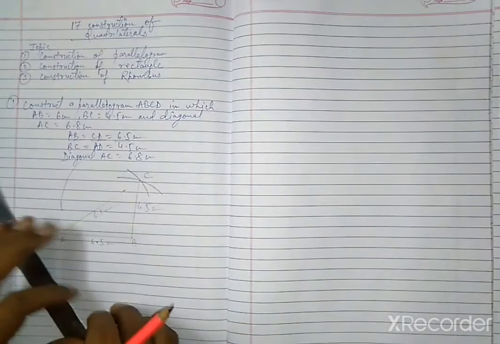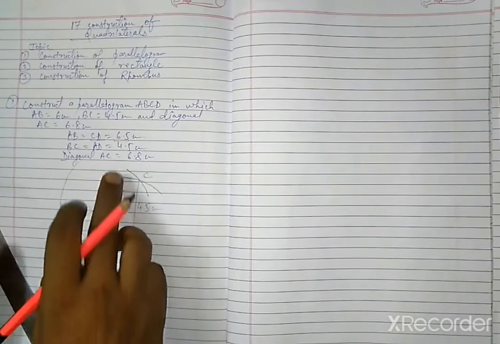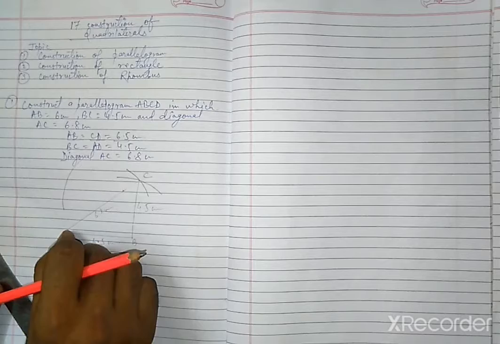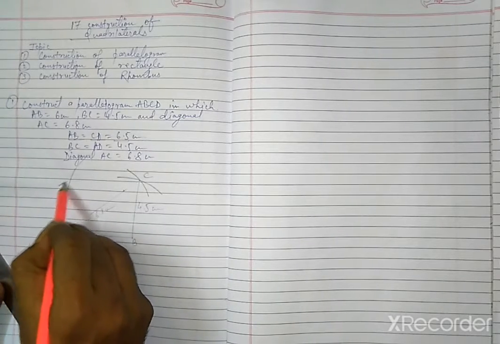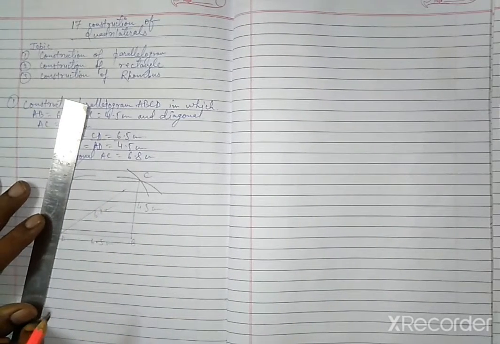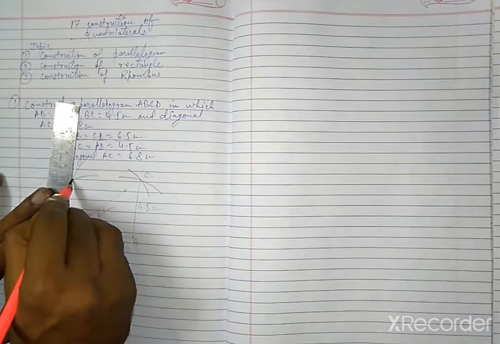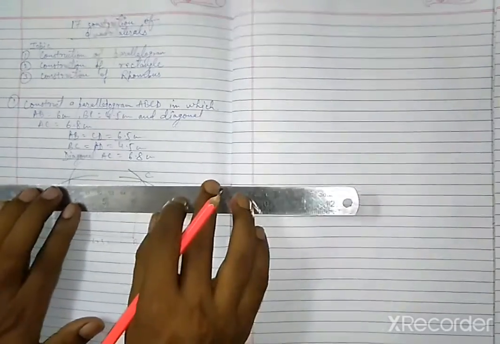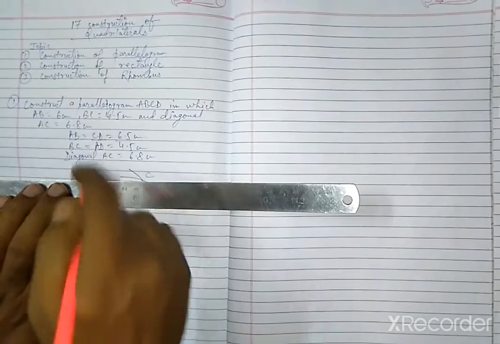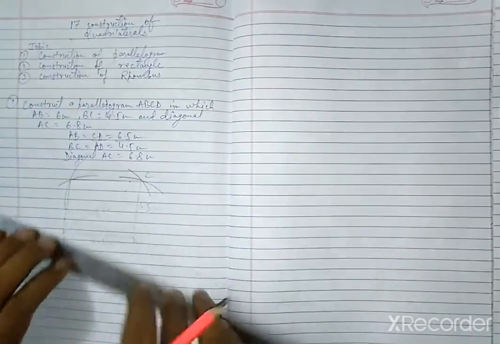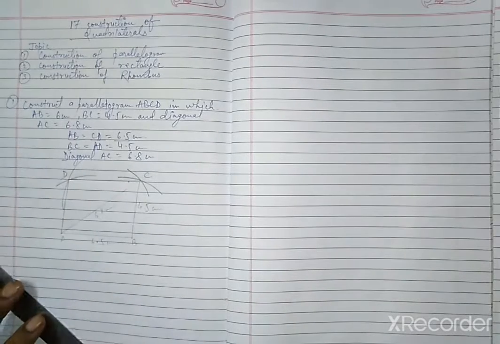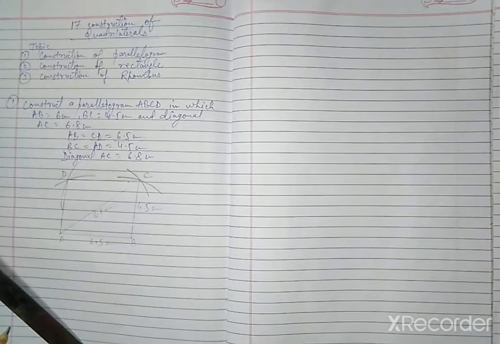So I will measure AD 4.5 with the compass, put it at point A and then cut it. Now I will join the point of intersection, and ABCD will be my required parallelogram. I hope that you have understood the basic steps how to construct a parallelogram.